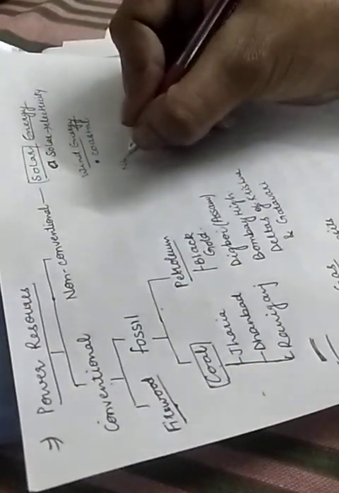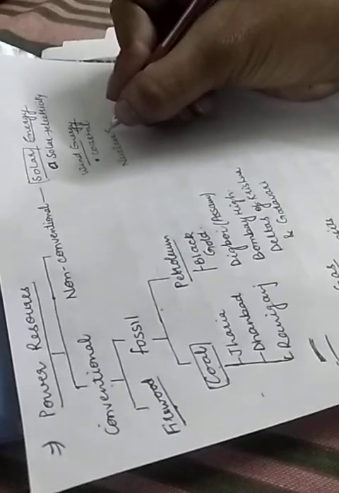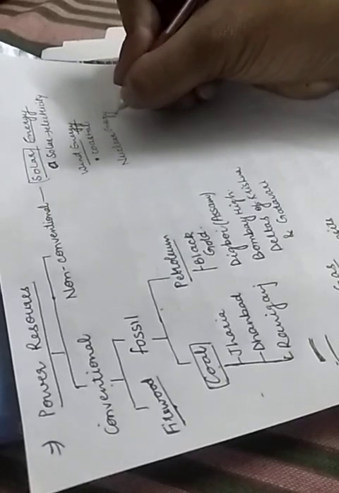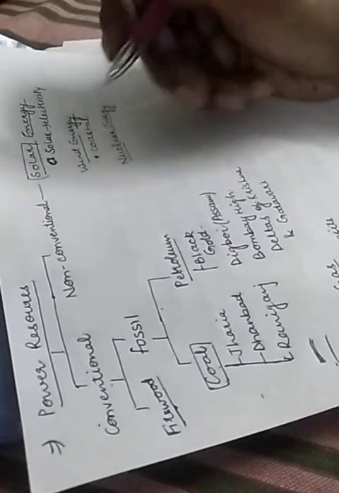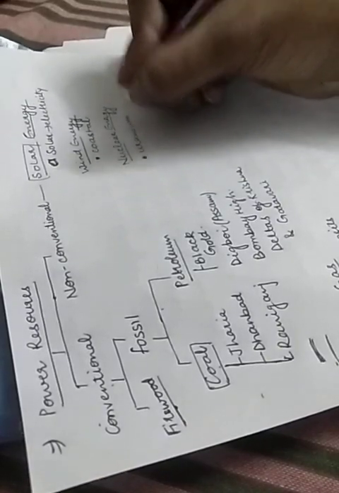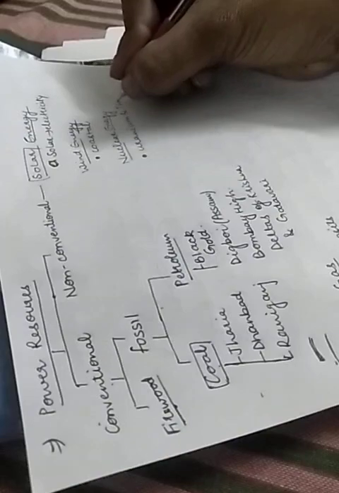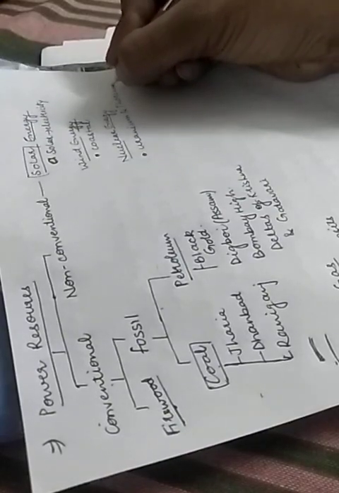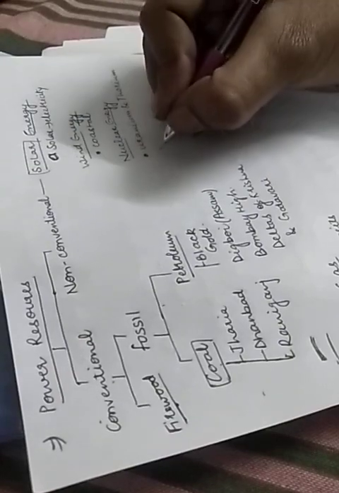Now is nuclear energy, produced from uranium or thorium. Thorium deposits are in Kerala in India. The greatest producers of nuclear power are the USA and Europe.